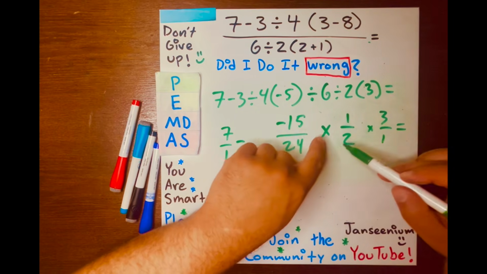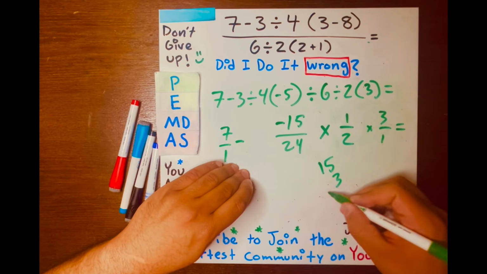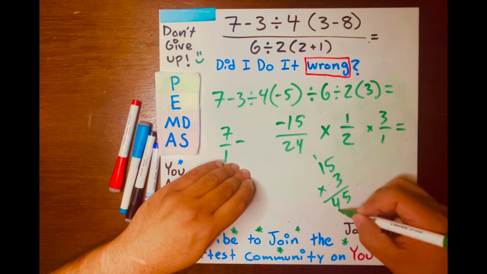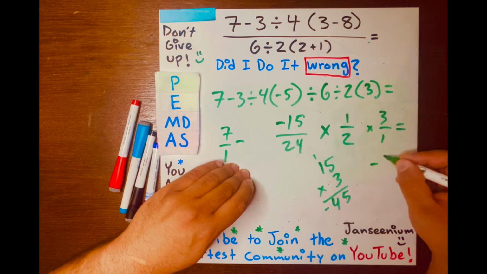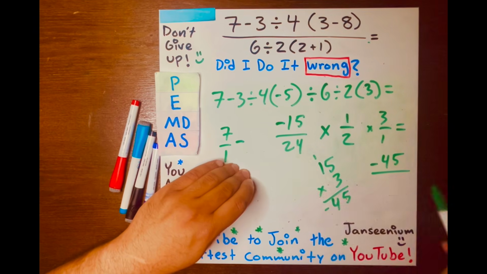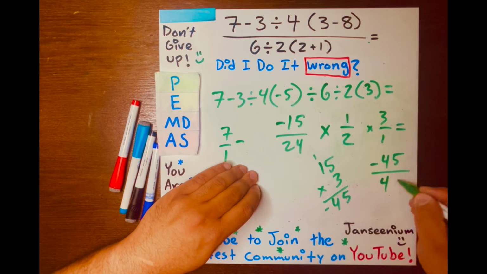So -15 times 1 is -15 times 3, so 5 times 3 is 15, 3, 4, so it's -45. That's the numerator. And then the bottom part, so over 24 times 2 is 48, times 1 is 48.